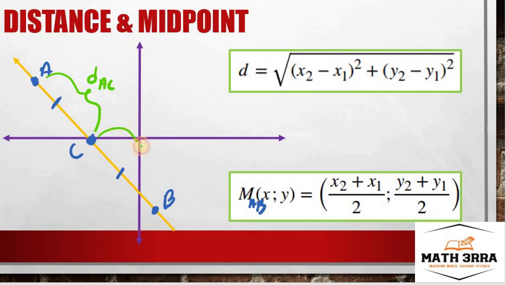By the same token, if we know the coordinates of B and C, we can use that distance formula to calculate the distance of BC. And if we know the coordinates of A and B, we can use the distance formula to calculate the distance of what? AB.